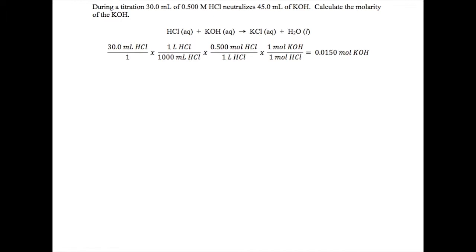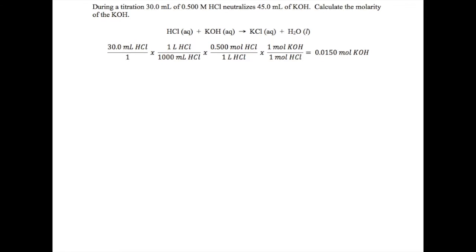This will convert the milliliter amount to the liter amount to the mole amount of HCl. Next, we take the mole ratio, 1 mole of HCl to 1 mole of KOH, and we divide those to get our final answer that the moles of KOH is equal to 0.0150 moles of KOH.